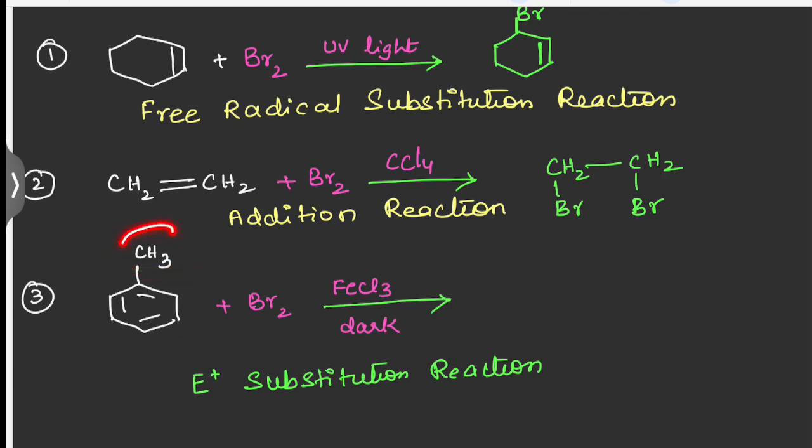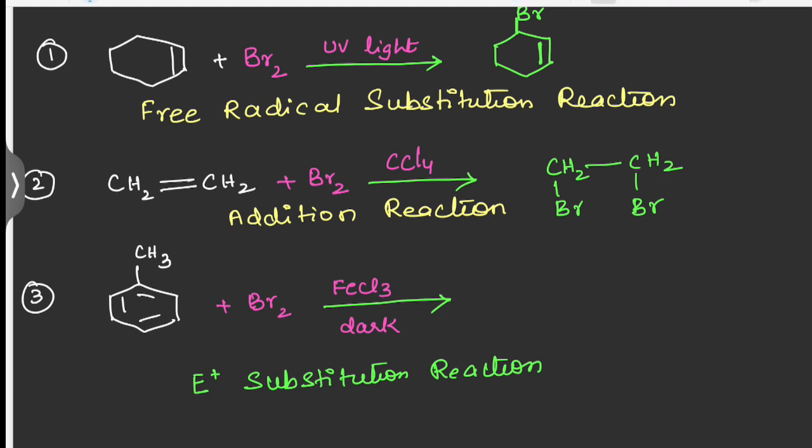Here this group is ortho para directing. Therefore bromine will be substituted at the ortho position. So here we have 2 ortho positions, and this is the meta position and this is the para position. So you have to substitute the electrophile at the ortho position and para position.